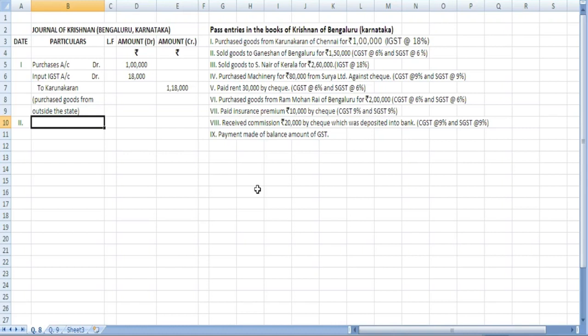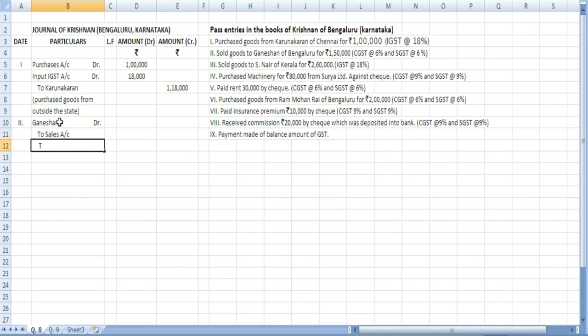So sold goods to Ganeshan. We are going to debit Ganeshan, and credit sold goods, so to sales account.